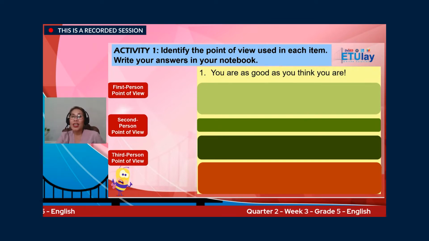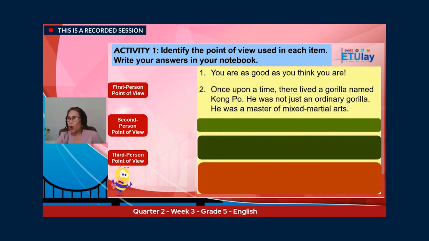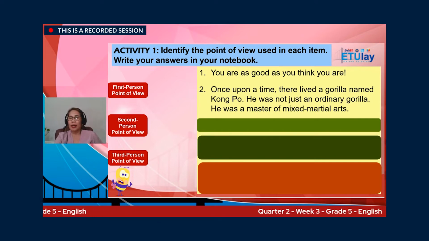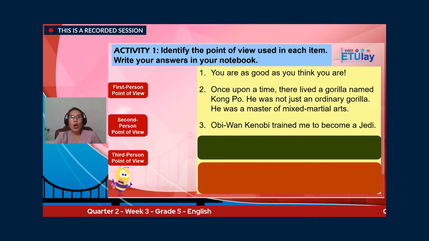You are as good as you think you are. Second, once upon a time, there lived a gorilla named Kong Po. He was not just an ordinary gorilla. He was a master of mixed martial arts. Number 3, Obi-Wan Kenobi trained me to become a Jedi.